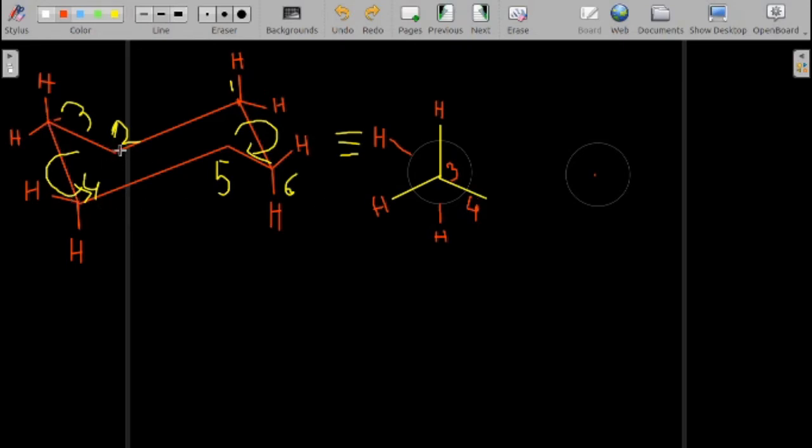This is the CH2, this is the C2 carbon. And this C2 carbon connects to the C1 carbon. So this is C1. This directly connects to the C2 carbon, which is directly connected to the C1 carbon.